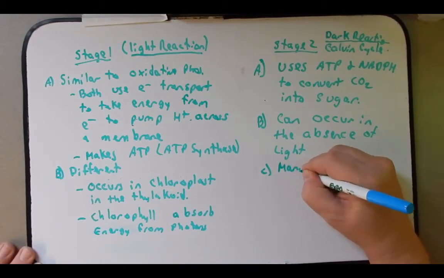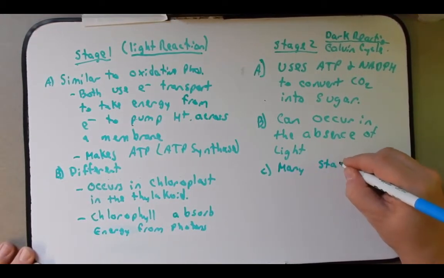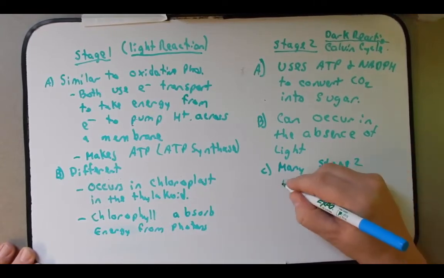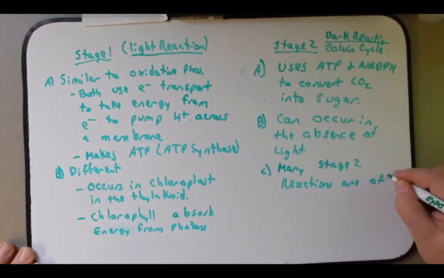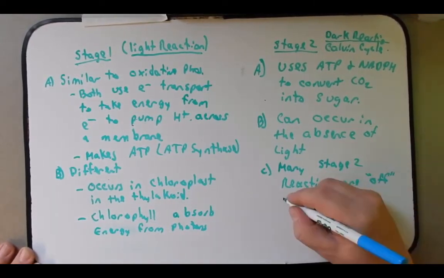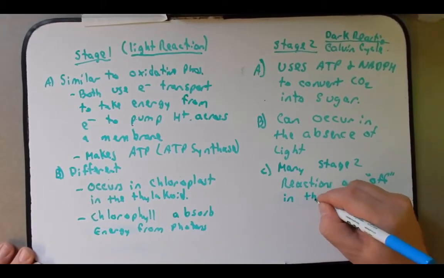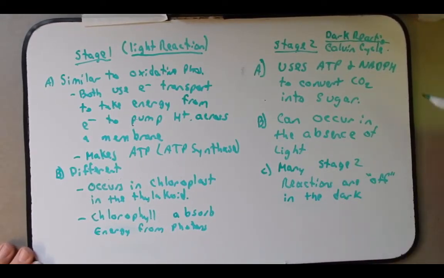So let me write that down here. Many stage 2 reactions are off or inhibited at night, in the dark. So even though it can occur in the absence of light, often light is used as a feedback mechanism to make sure these enzymes are on or off.